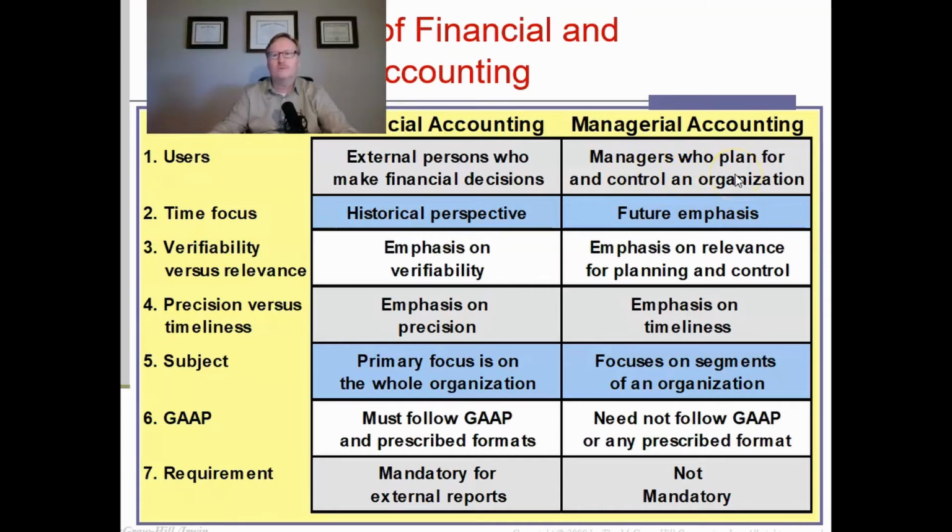Now, the users of financial information are external people, people who make financial decisions. Am I going to invest in this company, or am I not going to invest in it? If I'm a bank, am I going to loan this company money, or am I not going to loan money? So those are all external users. So not mandatory. You use what works for you. Do we have to do certain managerial reports? Well, in some cases you do.